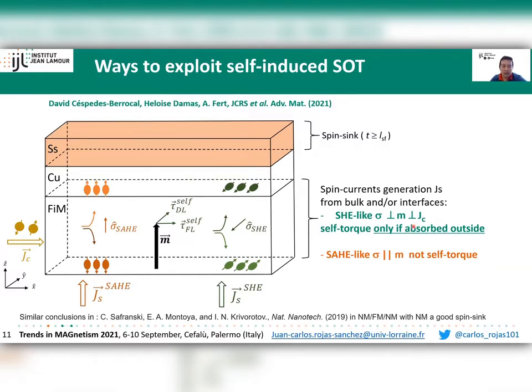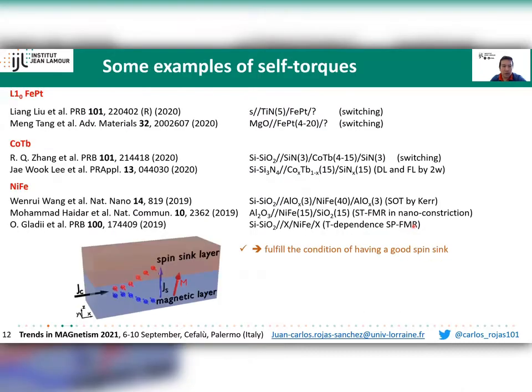Well, experimentally, the community has also shown switching of a single magnetic layer, but different explanations have been given for that. For example, here in iron platinum it has been shown, though I don't know what the coupling layer is here, on top of this bottom layer, or just on top of an oxide substrate.